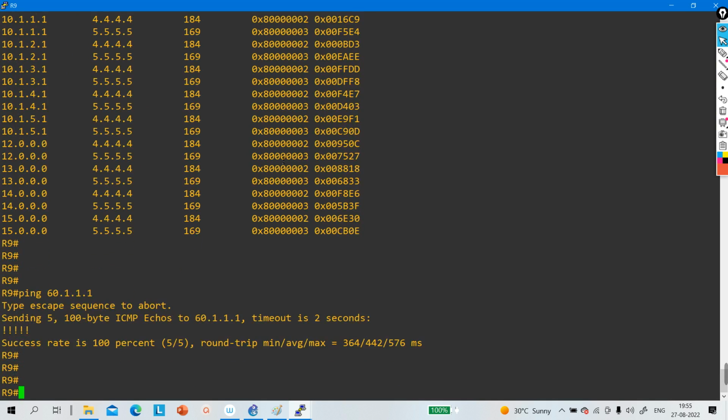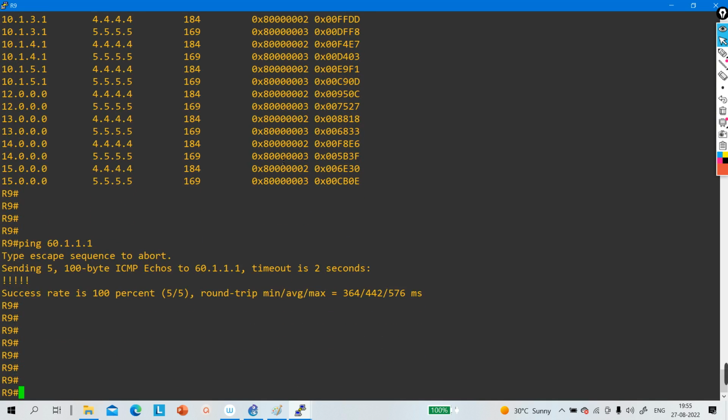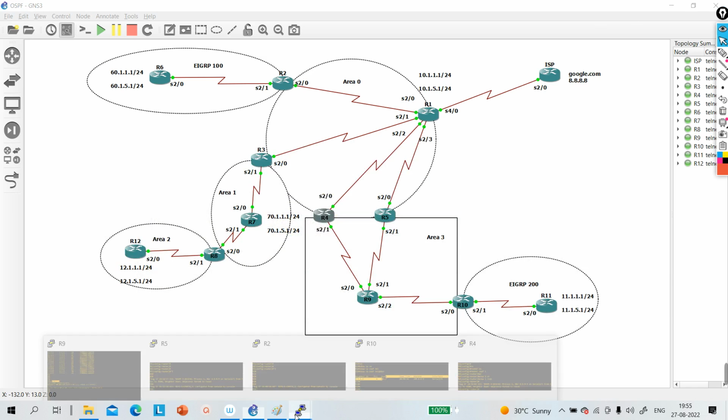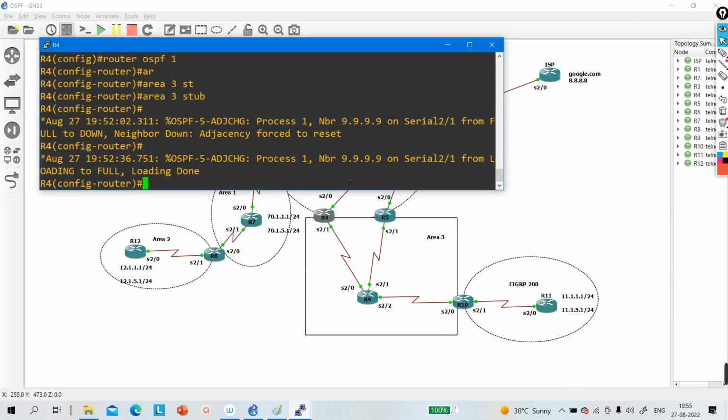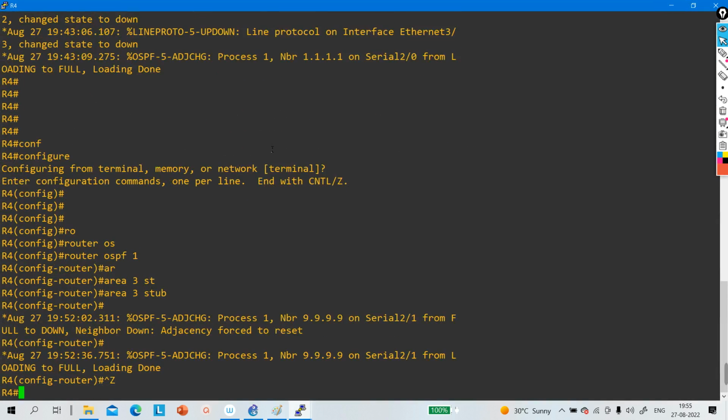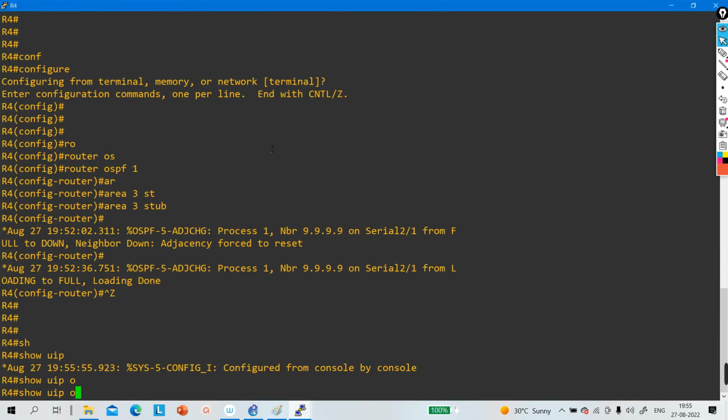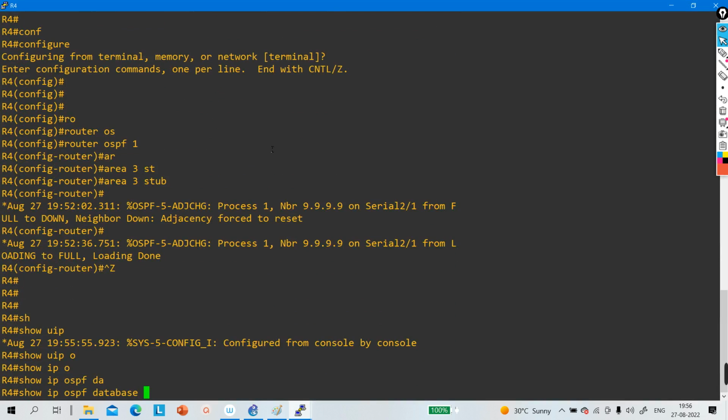So the size of the database is reduced because the ABR router is generating a default route in the form of LSA 3, and the ABR router has information of the 60 prefix, right? You can verify on router number 4 or router number 5. Show IP OSPF database.